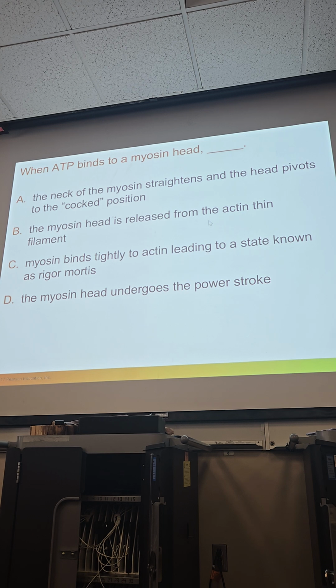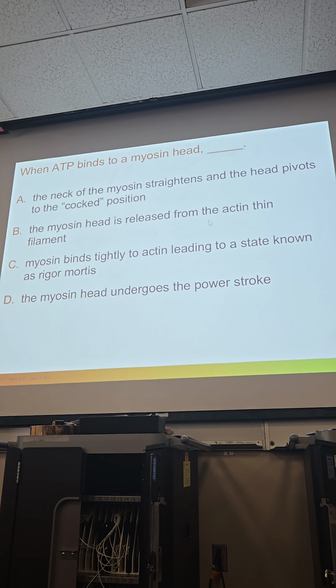So let's move on and try to figure it out. Definitely wrong. The sliding motion where it can cock is not done by ATP. It's done by calcium. So what does ATP do? It releases it. Excellent. B is the correct answer.